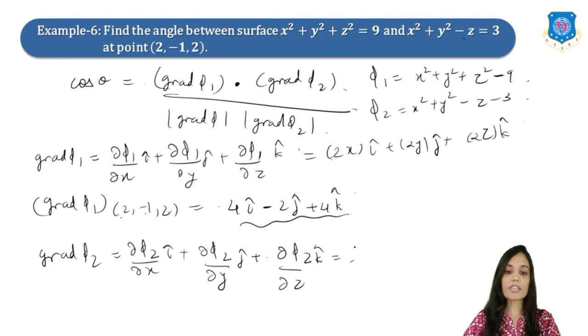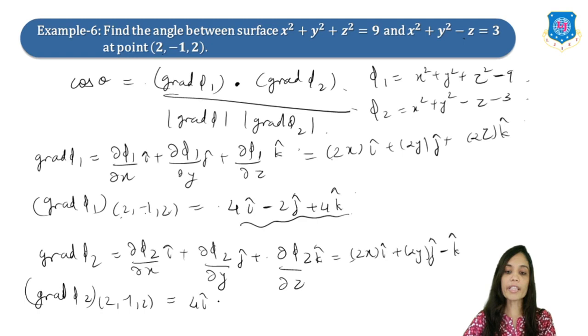So the derivative answer will be 2x i cap plus 2y j cap minus k cap, because the derivative of this will be minus 1. Now let us put the point (2, -1, 2). So the gradient of phi 2 at this point will be 4 i cap, if I put minus 1 in this, minus 2 j cap minus k cap. So this is our next answer.